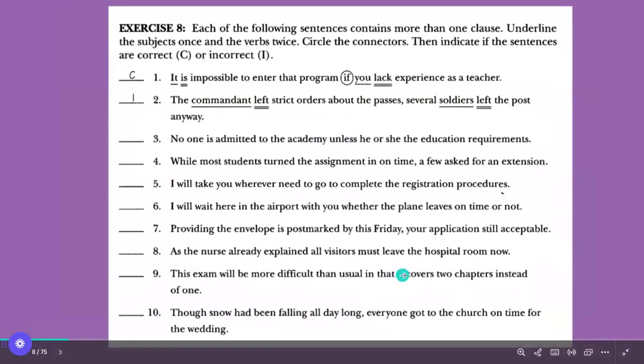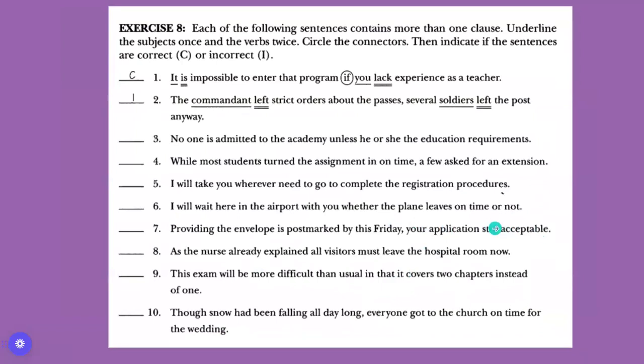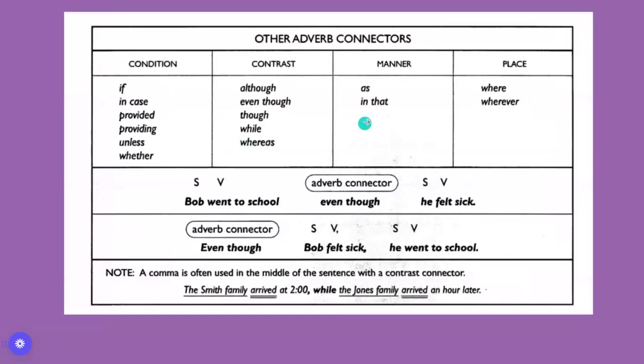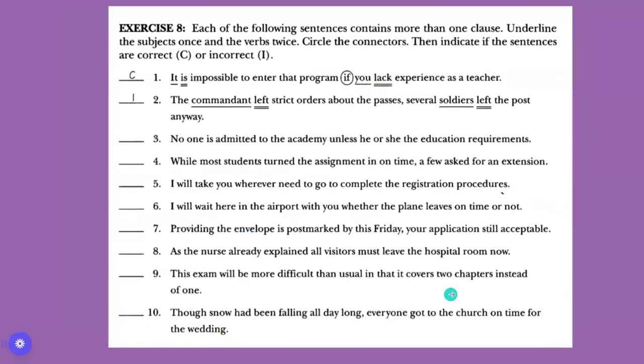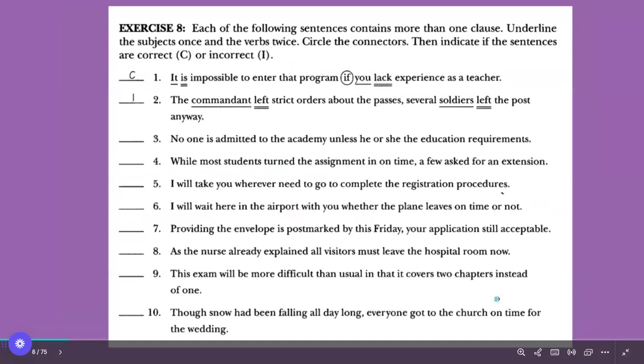I don't have a verb in the second part of the sentence. Incorrect. As the nurse already explained, all visitors must leave the hospital room now. Let's see. As is a connector of manner. What do you think, correct or incorrect?